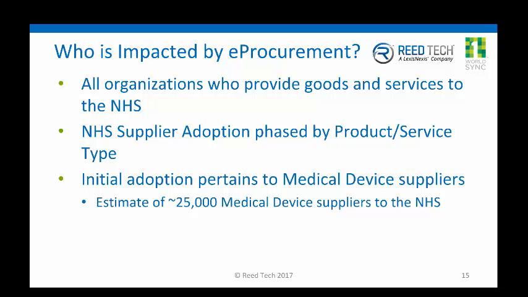So there's not a great database you can go to and say there are X number of medical device suppliers or products in Europe that are distributed to the NHS. However, a consistent estimate I've seen is roughly about 25,000 medical device suppliers to the NHS. So that's quite a large number of folks who, in order to continue with business as usual with the NHS, will need to adopt the GS1 standards and also that PEPL standard.